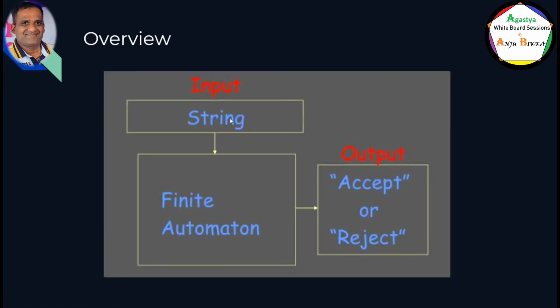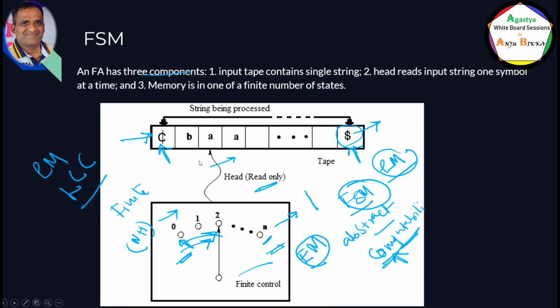Now we can see how these strings are processed. When we see the previous diagram, it starts from the starting. It reads one symbol from the input string at a time. The input head moves in the forward direction until it reaches the dollar. Whenever it is reading a symbol, the state is transitioned from the current state to a new state.